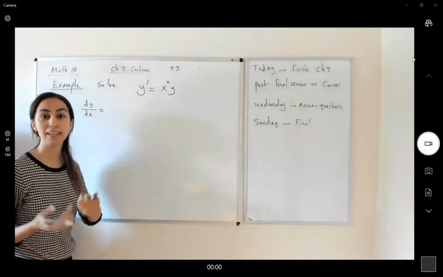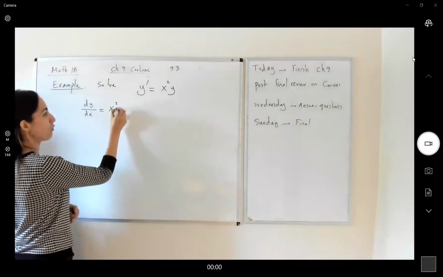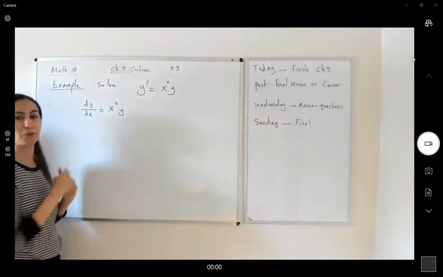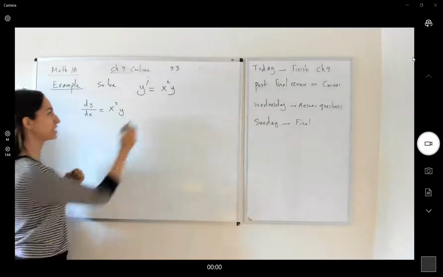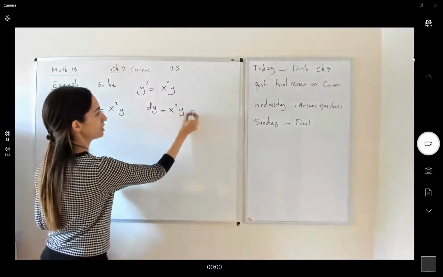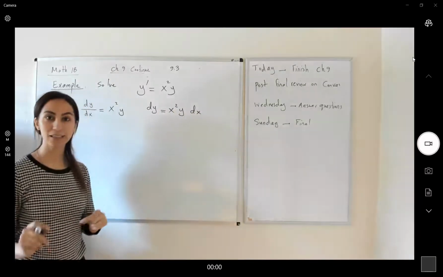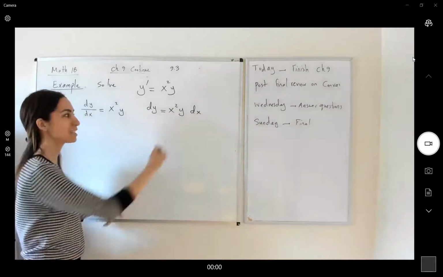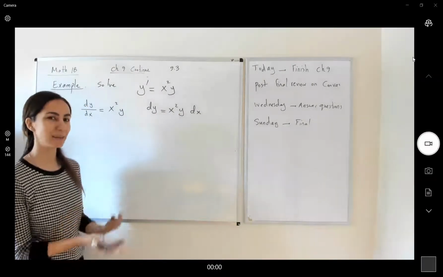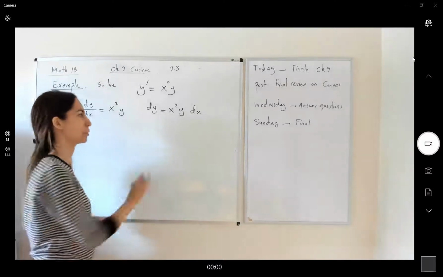on the right-hand side, it's given as x squared times y. What I'm going to do is multiply both sides by dx. dy is x squared y dx, and at the same time, I'm going to divide both sides by y to write this as a separable differential equation.